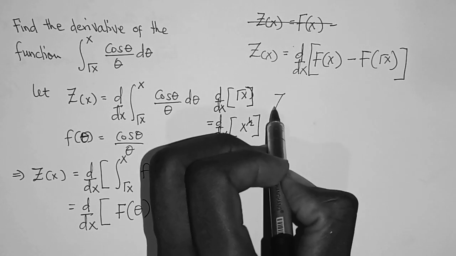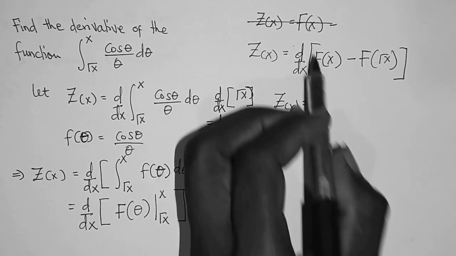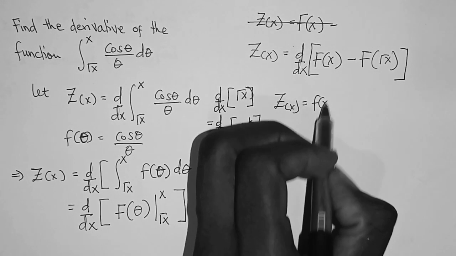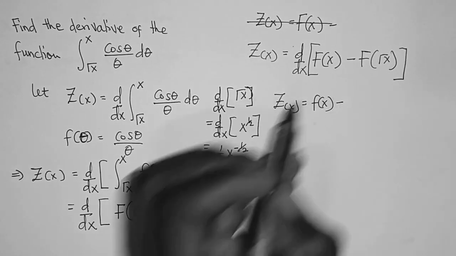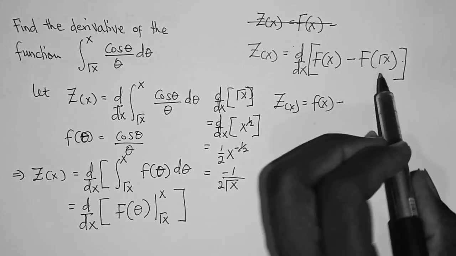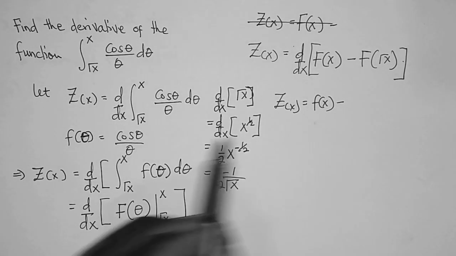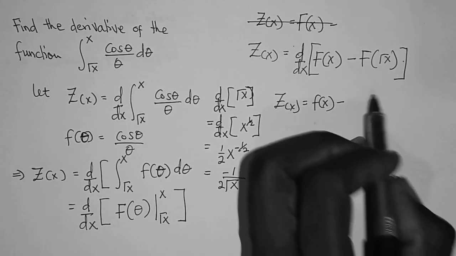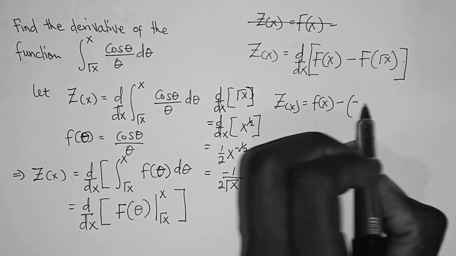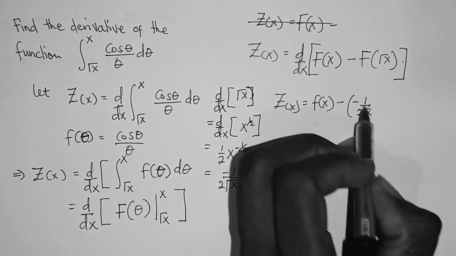So z of x is equal to, if you differentiate capital F of x, you are going to get small f of x. Now minus, if you differentiate capital F of root x, you need to first differentiate what is inside the bracket. If you differentiate root x, you are going to get 1 over 2 root x.